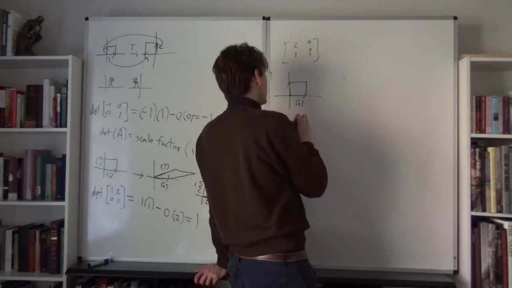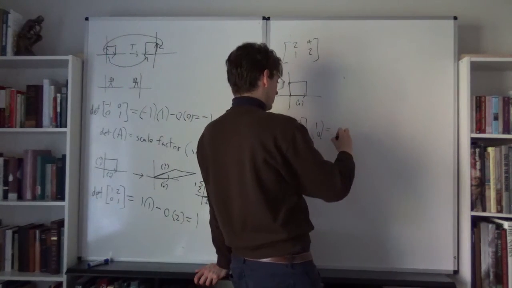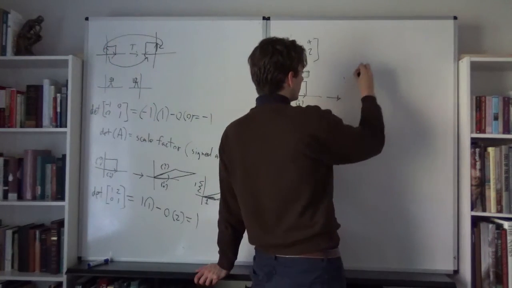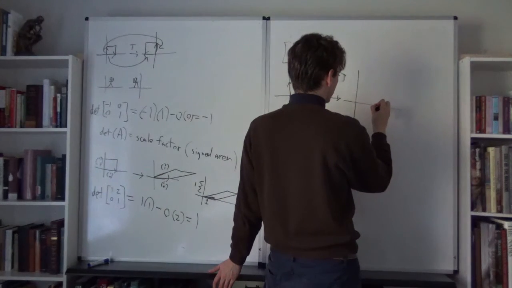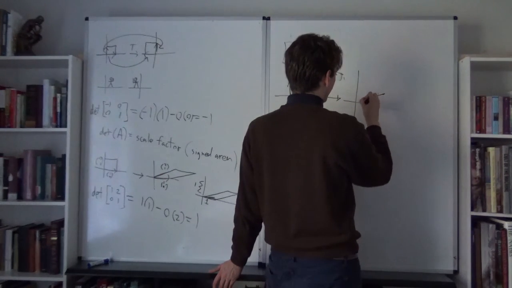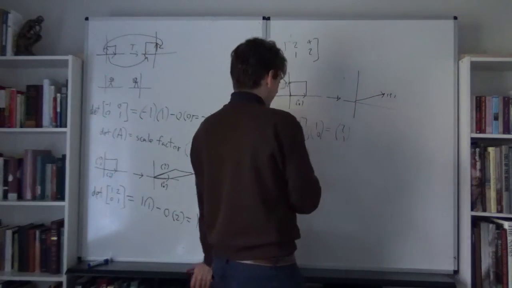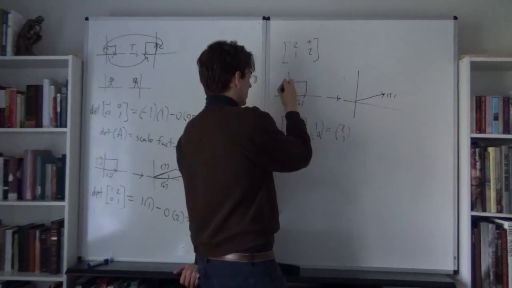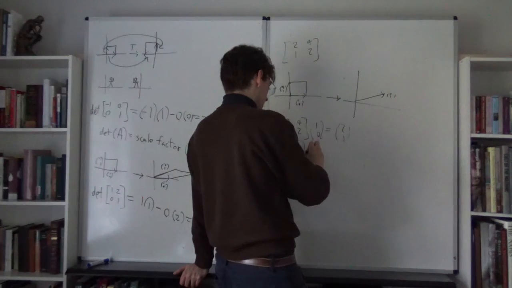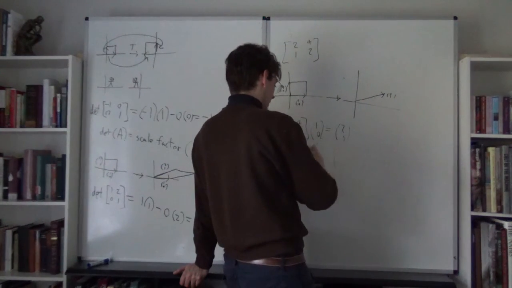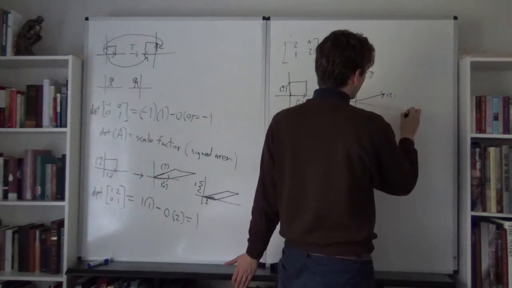Well, 2, 1, 4, 2 times 1, 0 is going to equal 2, 1. Right there. Yep, that's where this guy gets sent. Alright, what about 0, 1? 2, 1, 4, 2 times 0, 1 goes to 4, 2. Okay, where's that? It's like 4 and then 2 up.